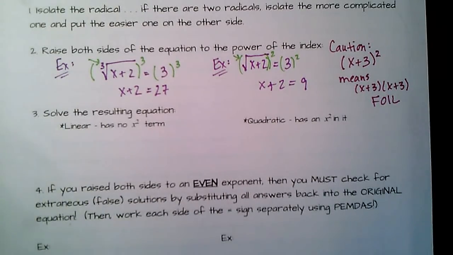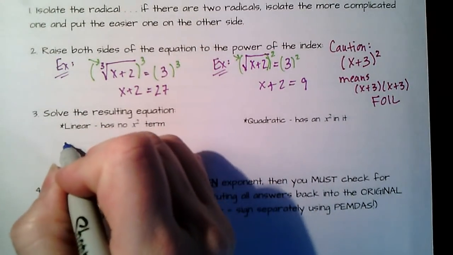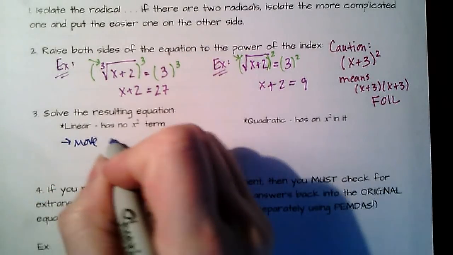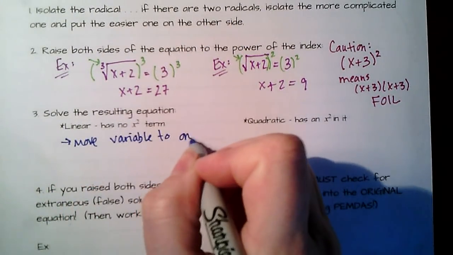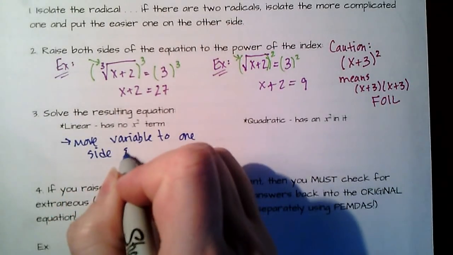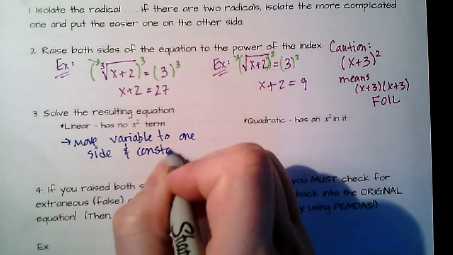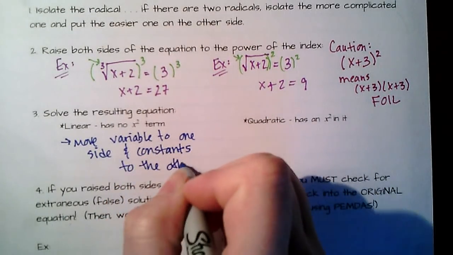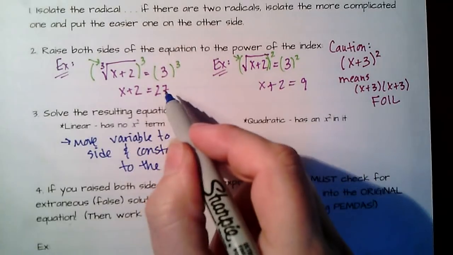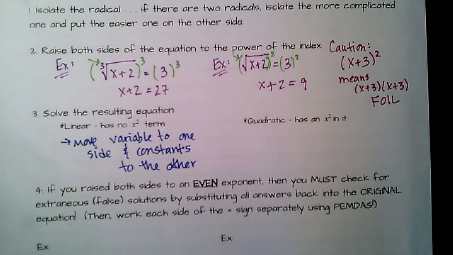If you have a linear equation, you're going to move the variables to one side and the constants to the other. So just like I said, subtract 2, and I get my answer.